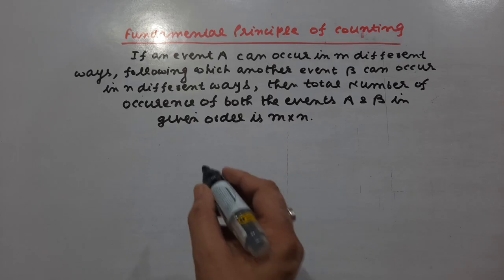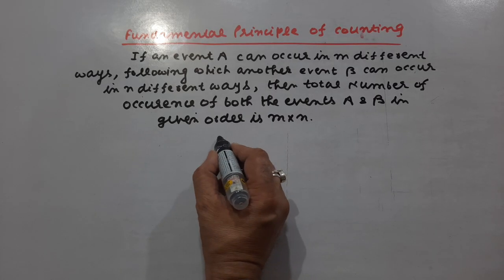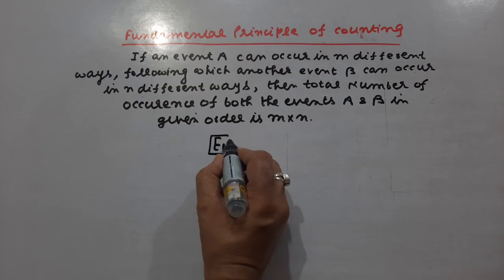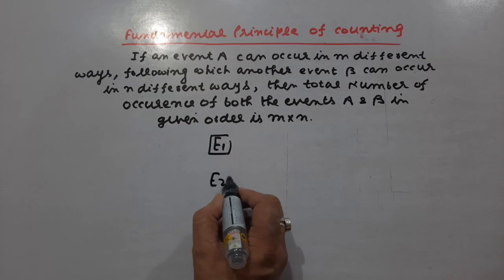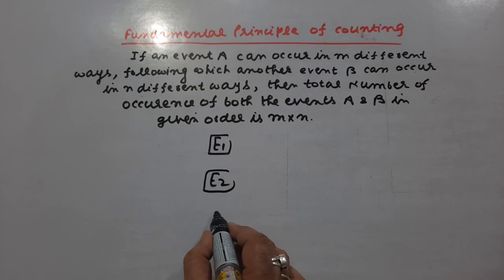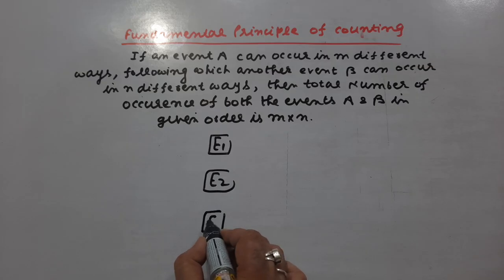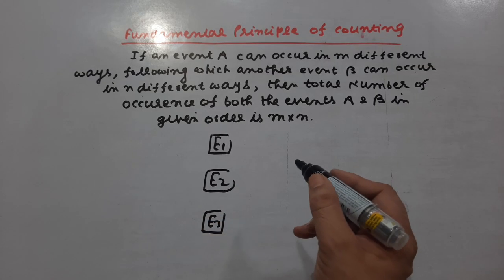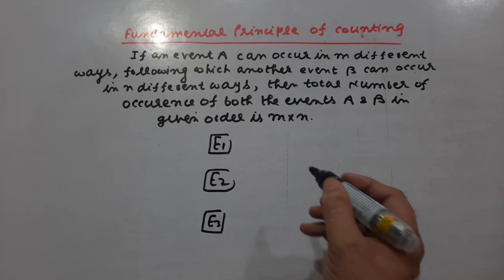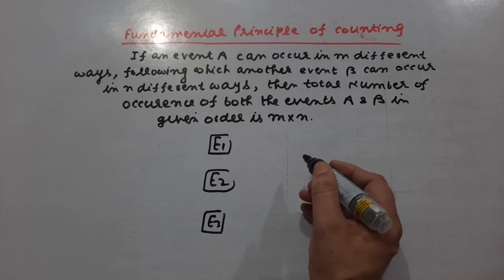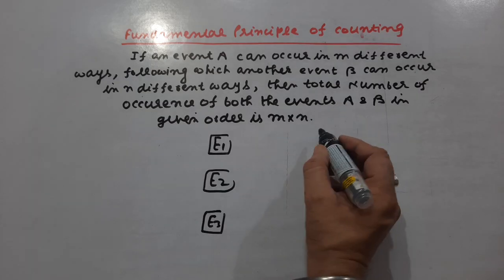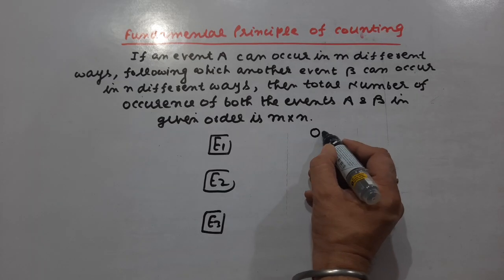Suppose in a cinema hall we have three entrances, E1, E2 and E3. In a cinema hall there are three entrances to enter the hall, and we have two exits, O1 and O2.